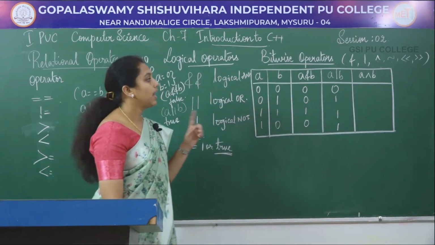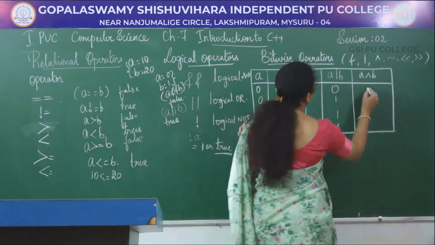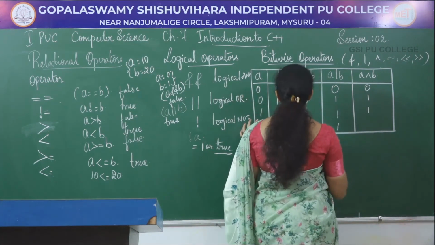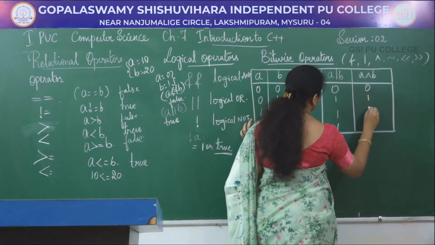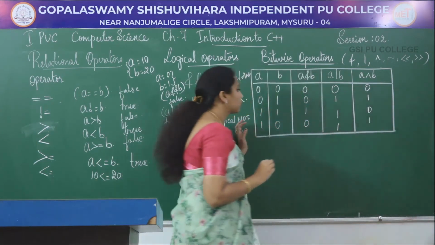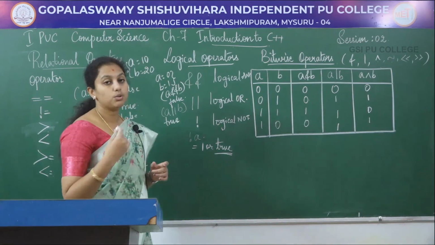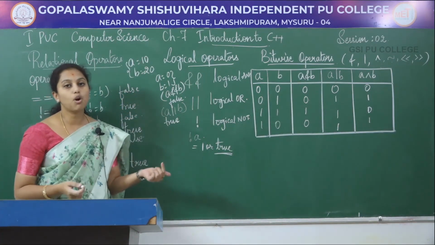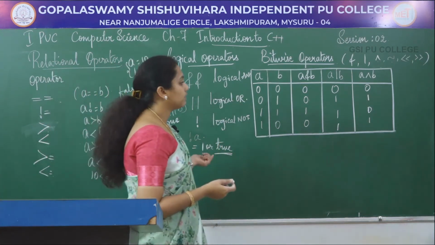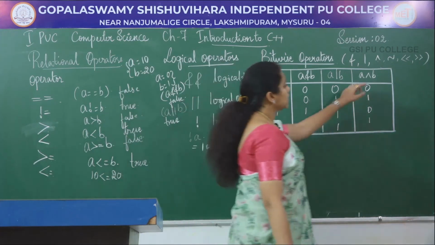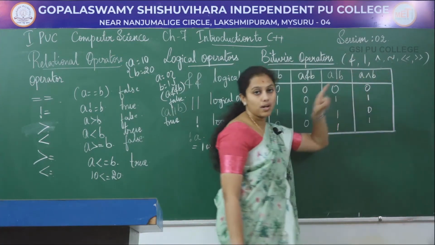When it comes to XOR, when any one of the inputs is non-zero condition, then you will get output as true. Or we can say that when you come across odd number of ones, then we can get true as its output.